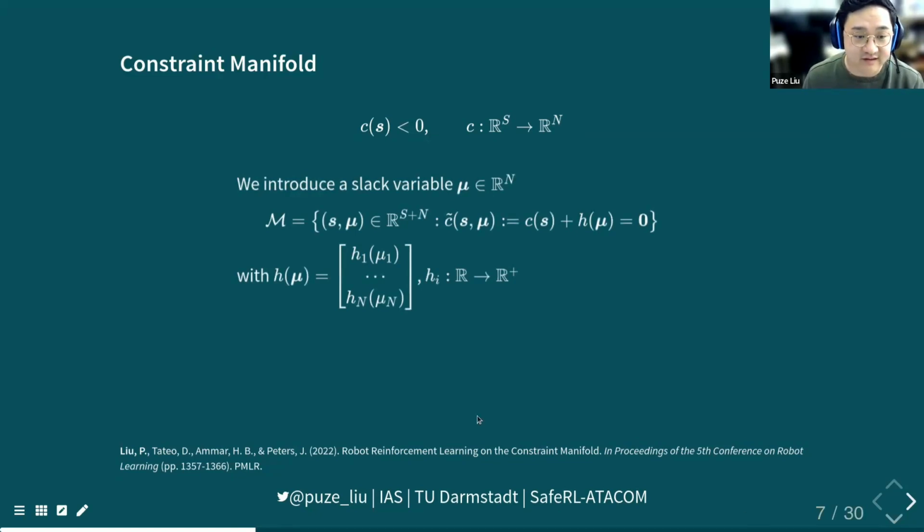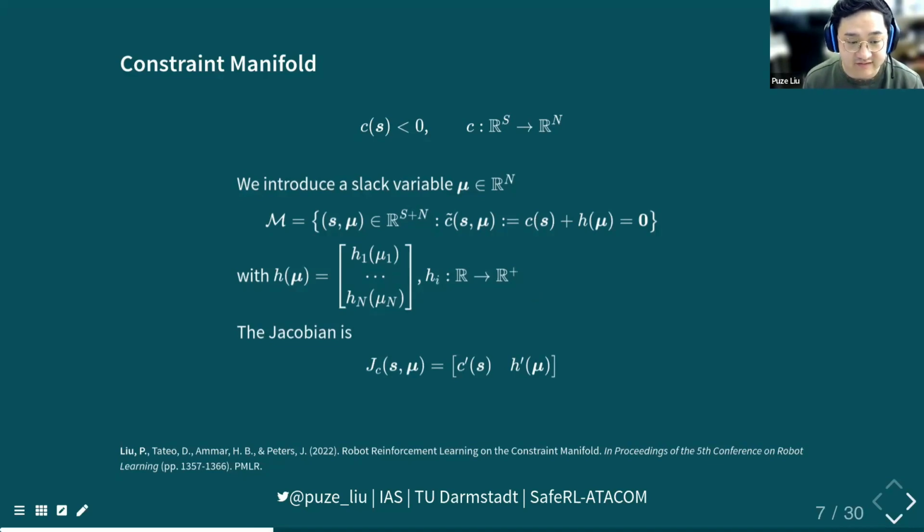As you can see here, we introduce a mu, which is n-dimensional, corresponding to the image of the constraint function. And we also introduce an h function, where each dimension of h maps a real value to a positive value, such that we ensure this equality holds.